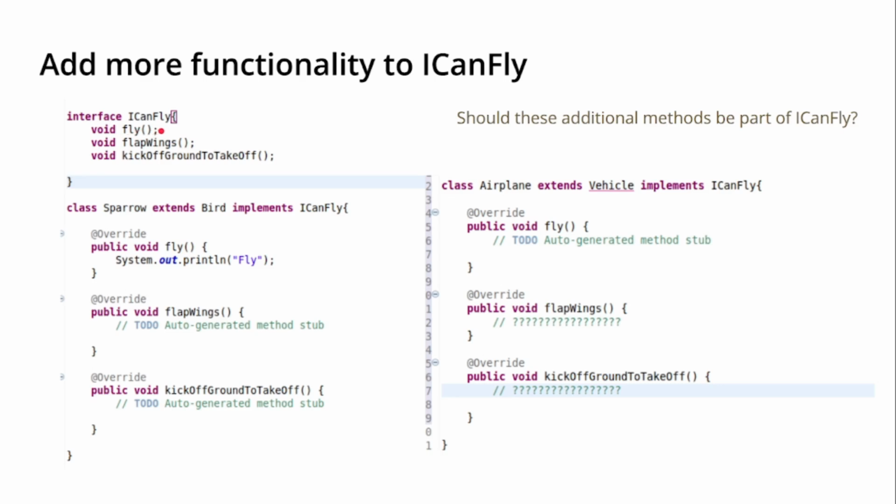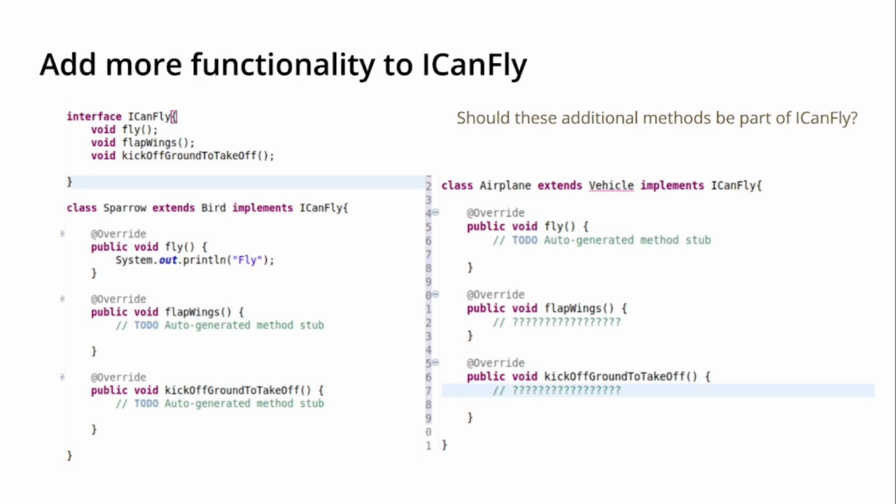What we can do is move flapWings and kickOffGroundToTakeOff to a separate interface, which is only added in the case of birds, and fly, since it's a generic interface, can be used by birds as well as vehicles. Because in Java there is also flexibility that you can extend only one class, but you can implement or extend many interfaces, so there will not be a problem of extending multiple interfaces.